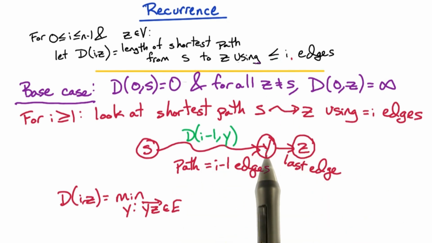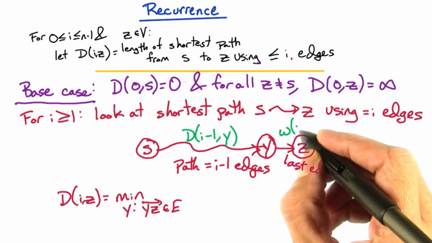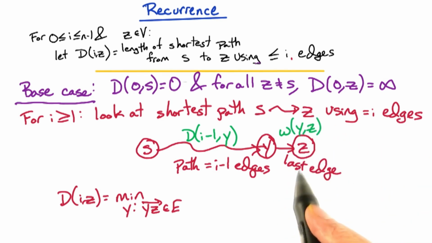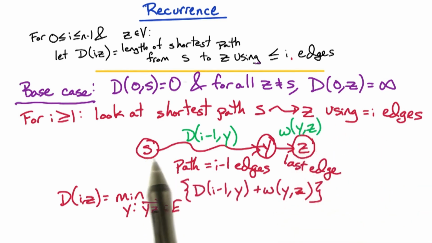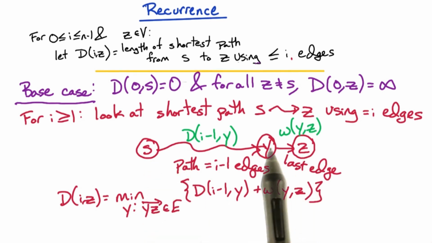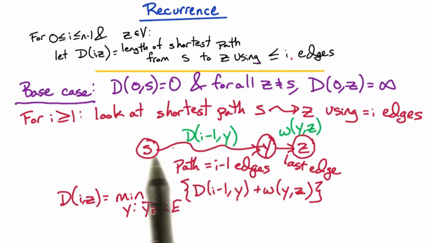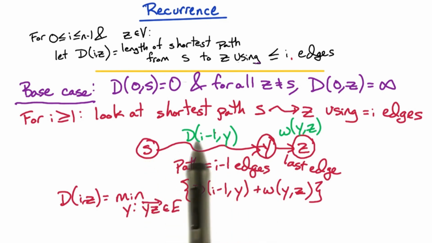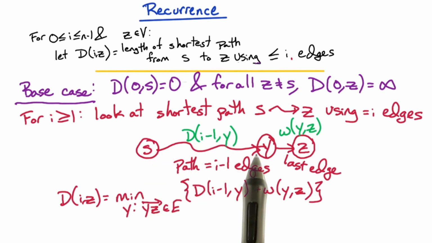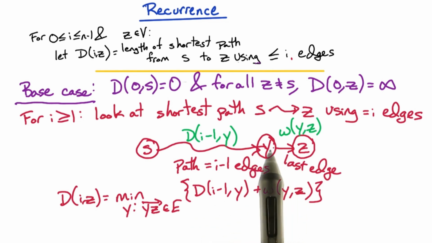And in addition, we get the weight of this last edge from y to z. What is the length of this last edge? It's w of yz. That's the length of this edge from y to z. So the length of this shortest path from s to z, which goes through y as the penultimate vertex, has length d of i-1 y for the first i-1 edges, captured right here, plus the length of this last edge from y to z.